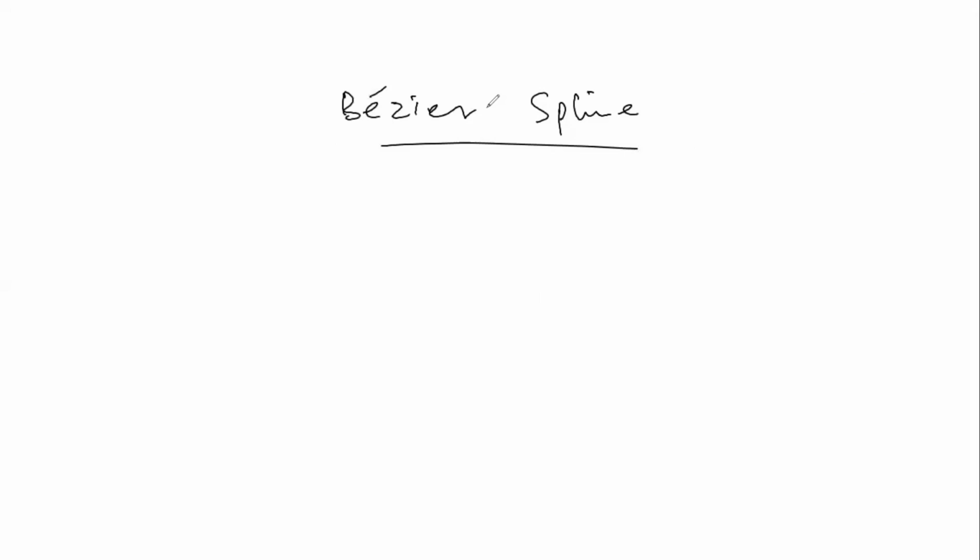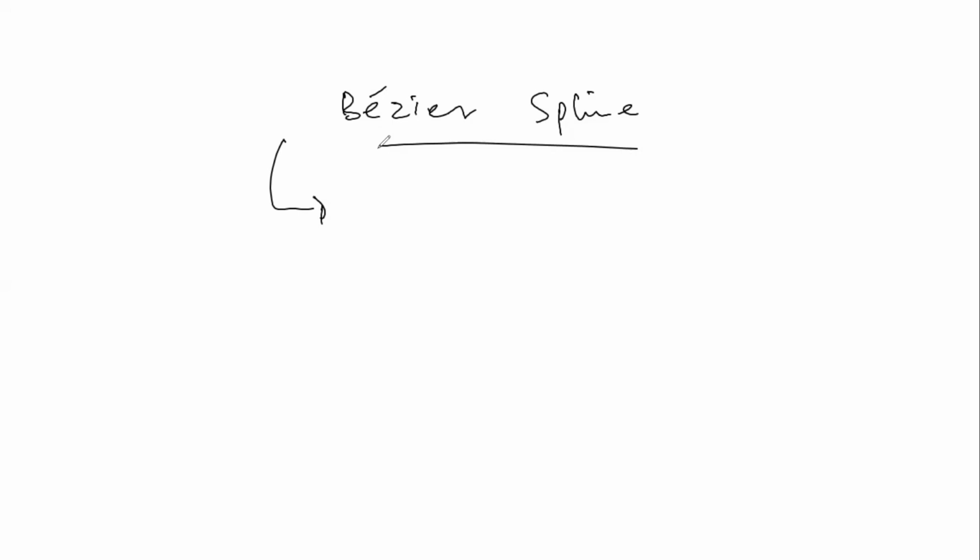Now, for the Bezier spline, in this case, we have to define some control points. As such, we call the Bezier spline a parametric curve defined by control points. I think that's about the only difference here, because for each cubic Bezier spline, the curve is defined by specific control points.